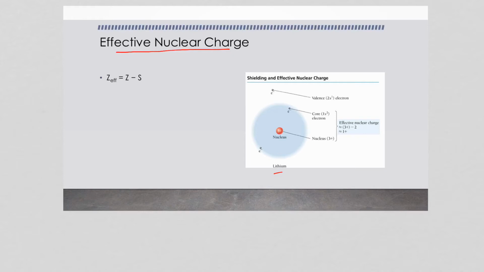Well, the answer is no. Electrons that are closer to the nucleus are going to feel what we might say is the full nuclear charge. But as electrons get further and further away, they feel less and less of the nuclear charge. They are what we call shielded from the full nuclear charge effect. And so the idea is these inner core electrons shield the outer valence electrons from the nuclear charge.